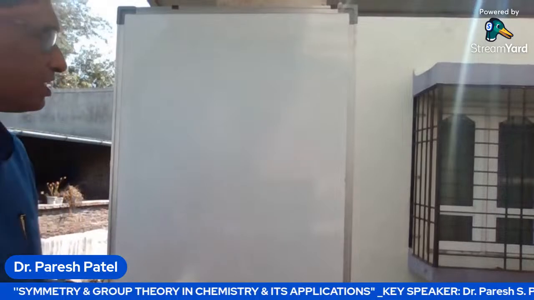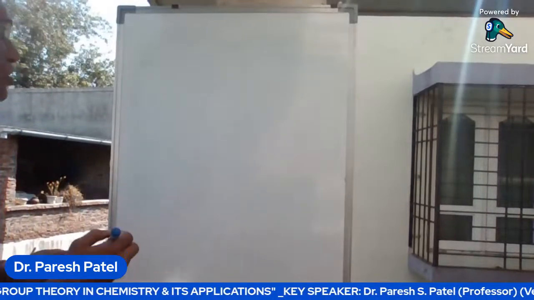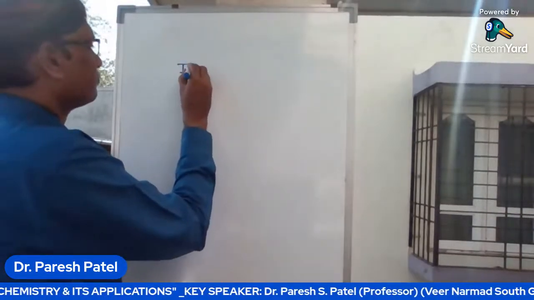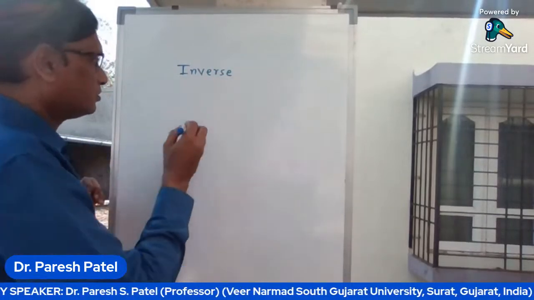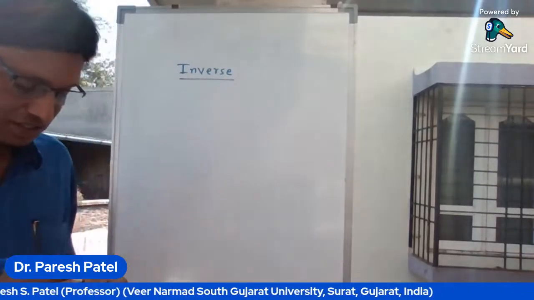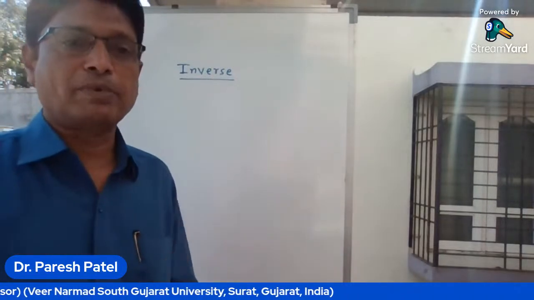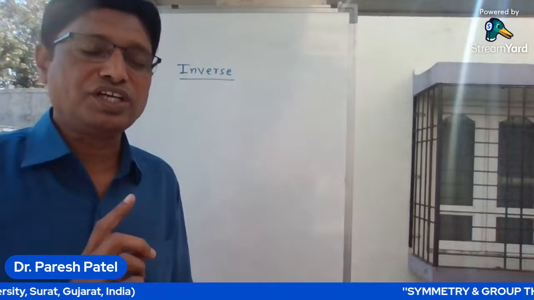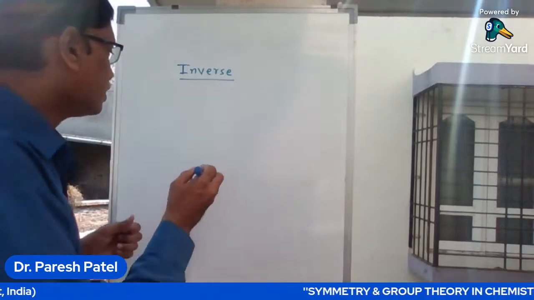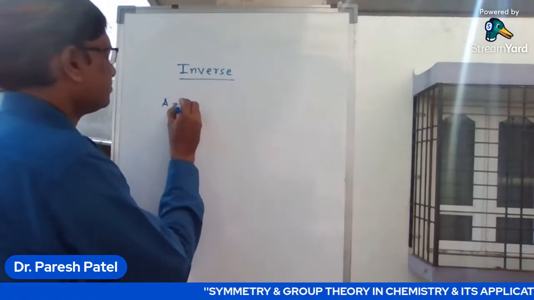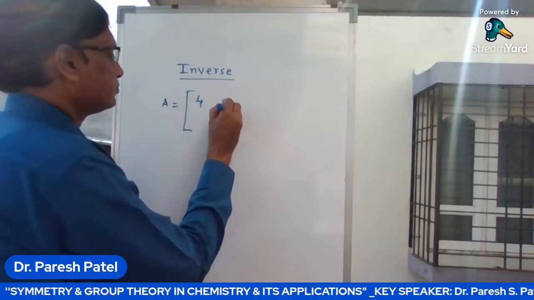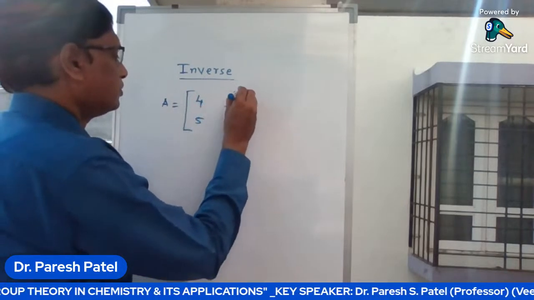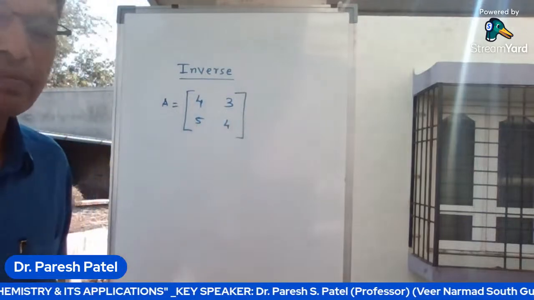Now we are going to look at how to find the inverse of a matrix. To find the inverse for a two-dimensional matrix and a three-dimensional matrix, the methods are different. To find the inverse for a two-dimensional matrix, as for example, A is equal to this two-dimensional matrix.